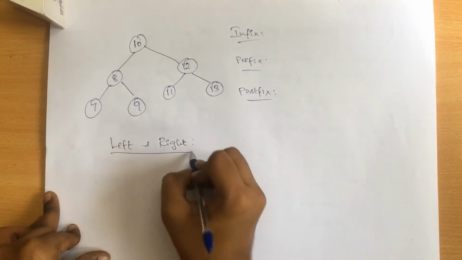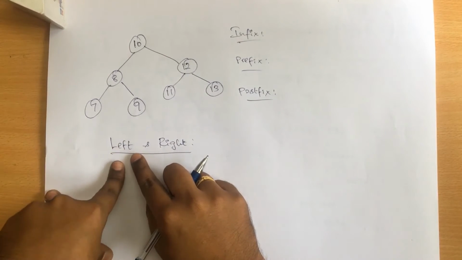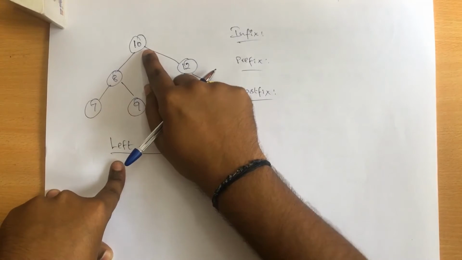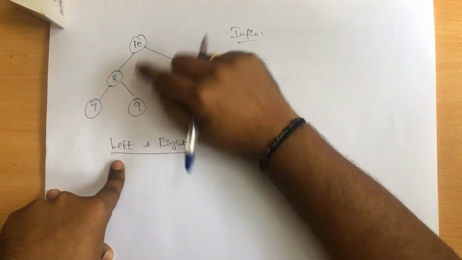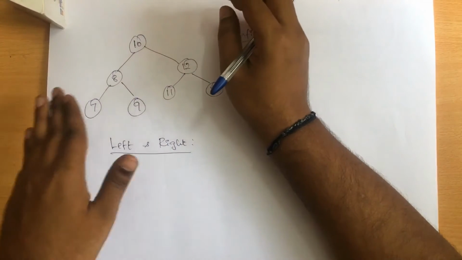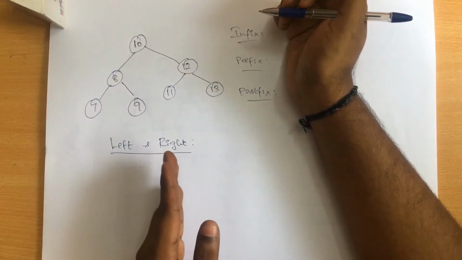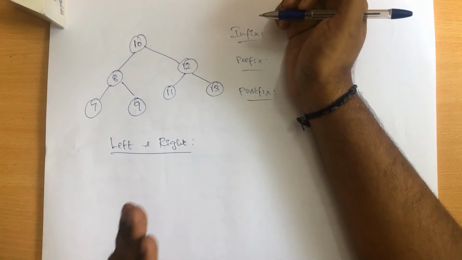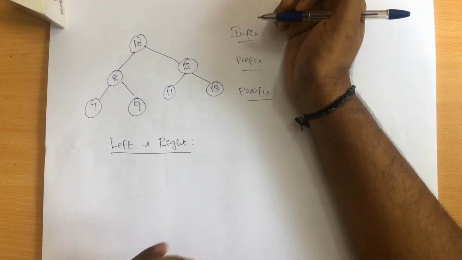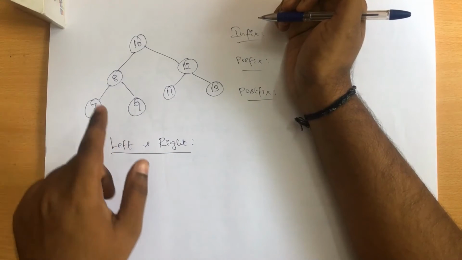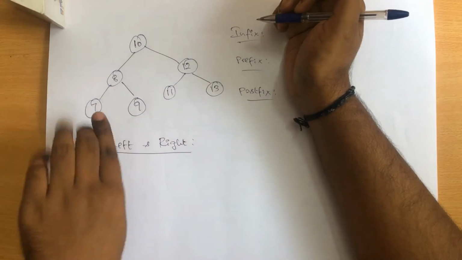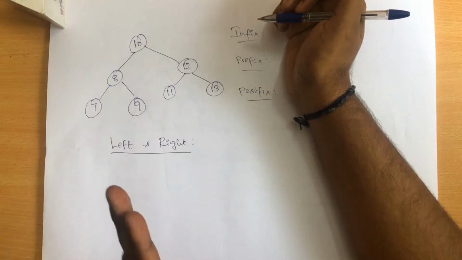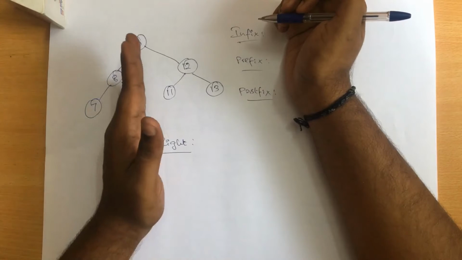When we go with the left subtree, the value should always be less than your root node, and when you go with the right subtree, the values will always be greater than your root node. So the values less than the root node should be on the left subtree, and the values greater than your root node should be on the right subtree.